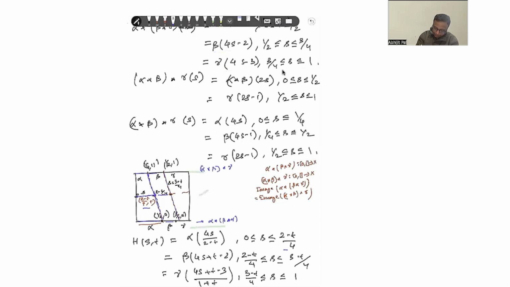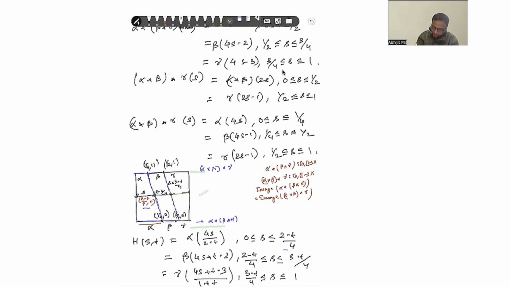And now you take any horizontal line segment. Note that the coordinate of this intersection point is 2 minus t by 4 comma t.